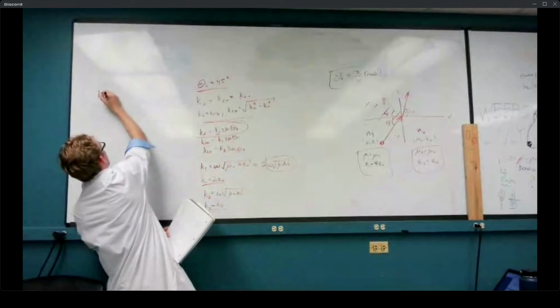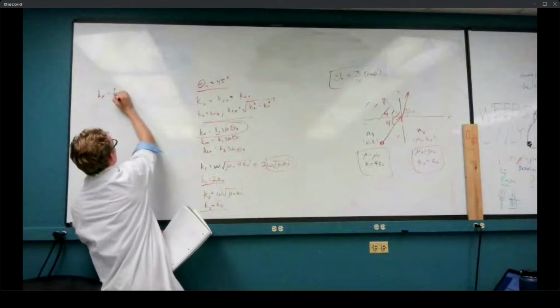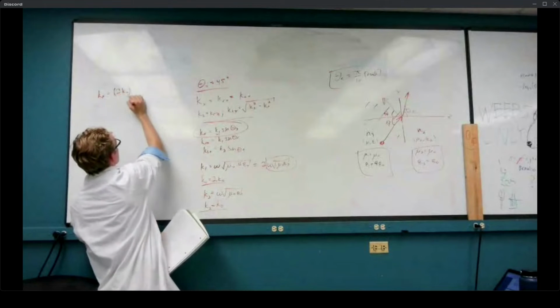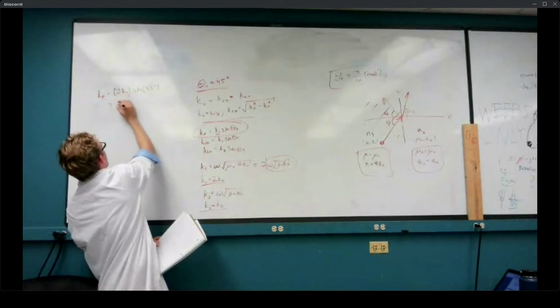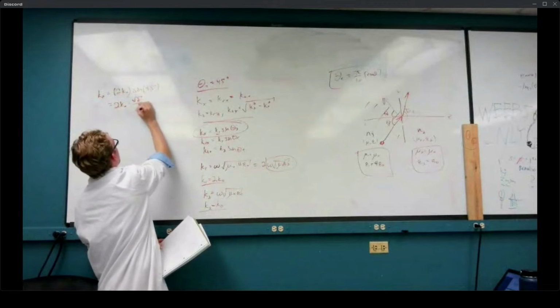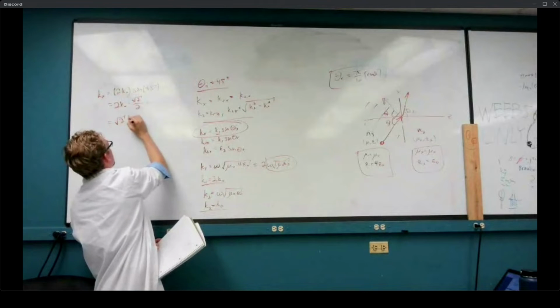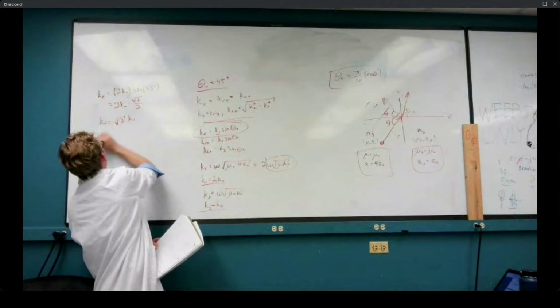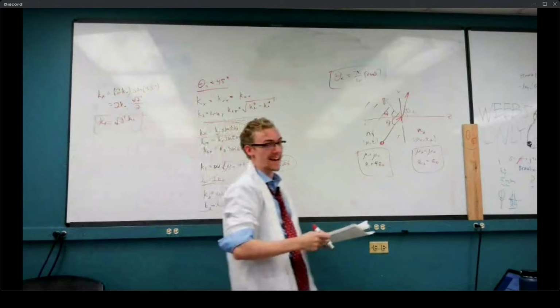So kx is equal to k1, which is 2 k naught times sine 45 degrees, which is 2 k naught times the square root of 2 over 2, which is square root of 2 k naught. That is one of the values that we were asked to solve.